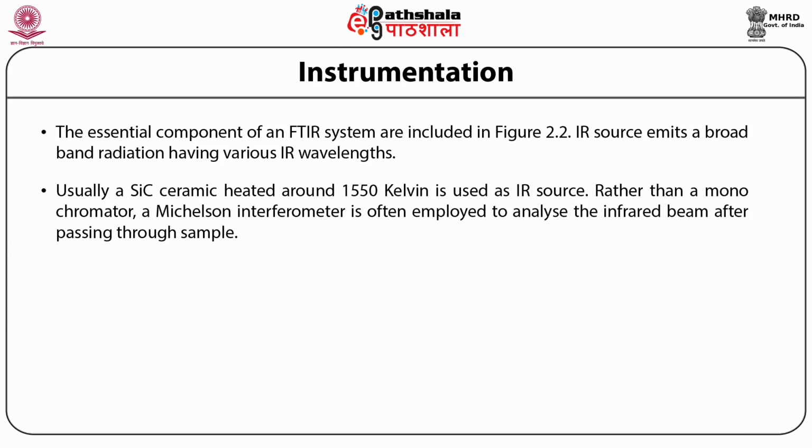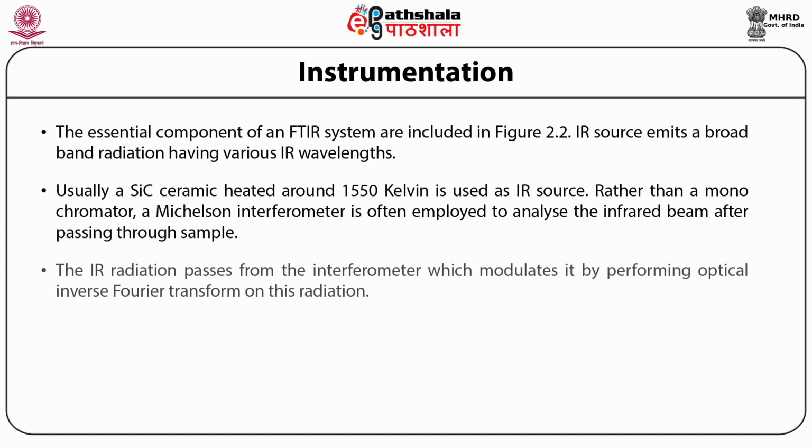Rather than a monochromator, a Michelson interferometer is often employed to analyze the infrared beam after passing through the sample. The IR radiation passes through the interferometer, which modulates it by performing optical inverse Fourier transform on this radiation.